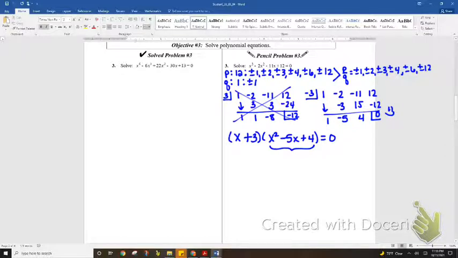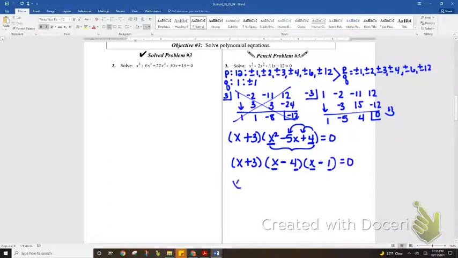Yay, we know how to do quadratic formula. So we have x plus 3 times, I'm going to go ahead and factor this out. So remember your first terms multiply to x squared, so x and x. Your last two terms have to multiply to 4, but they also have to add to 5. So 4 and 1, need negative, negative.